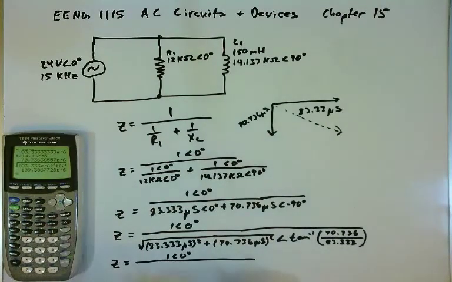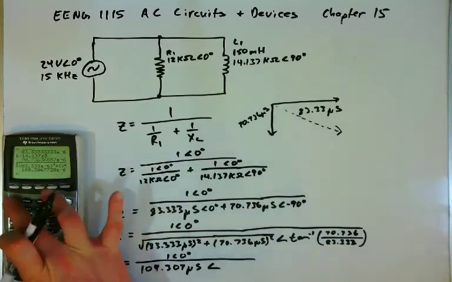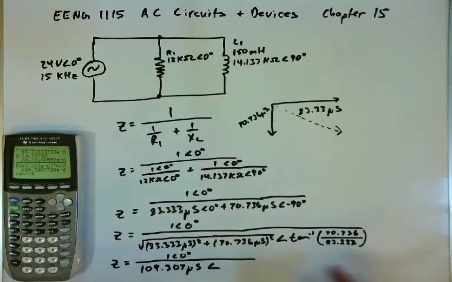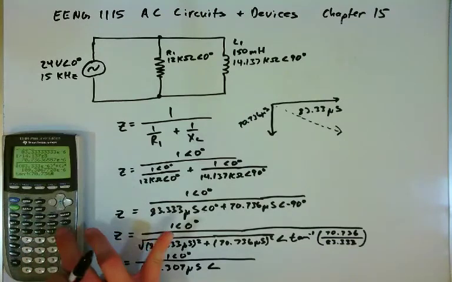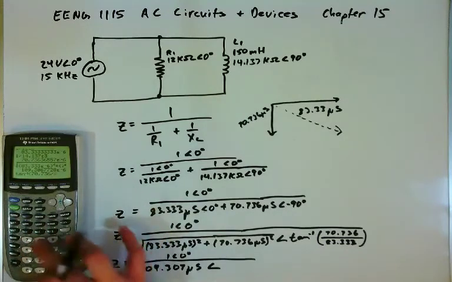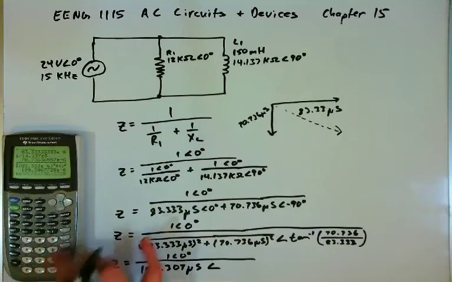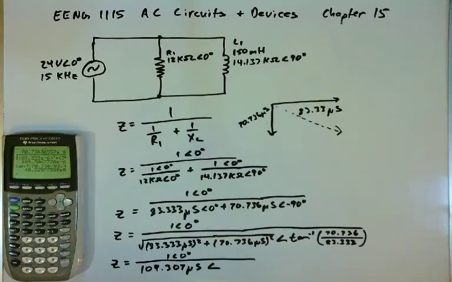And so we get 109.307 microsiemens. And the angle will be the inverse tangent of 70.736 divided by 83.333. Again, the microsiemens canceled. And you'll notice that we get 40.